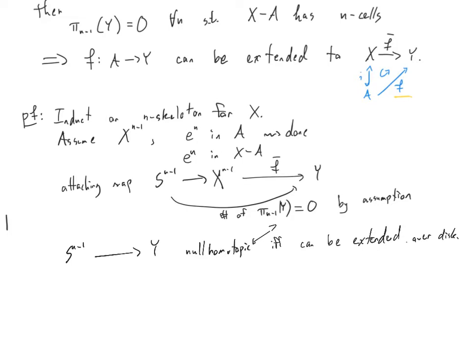So we actually know, include S^n into D^n, and so this is in fact, here's our En cell that we're trying to attach in X. We know we can extend over D^n because, in fact, the data of that extension is just the null homotopy.